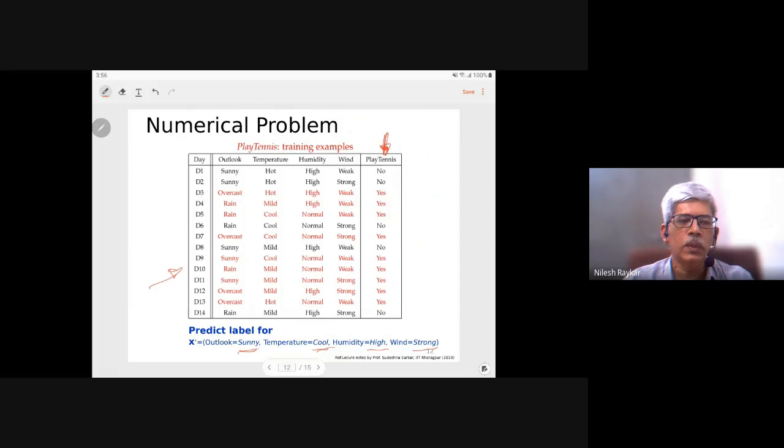Even if it existed, we want to predict what the label will be for this particular pattern. So that is the problem. We'll use the naive Bayes classifier, or the model, to find out this pattern.